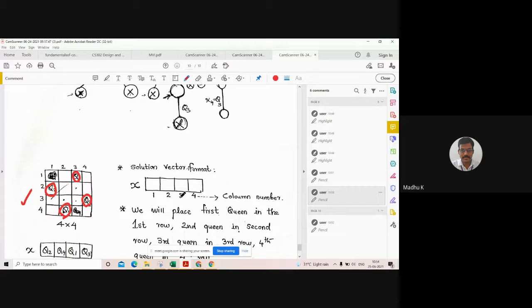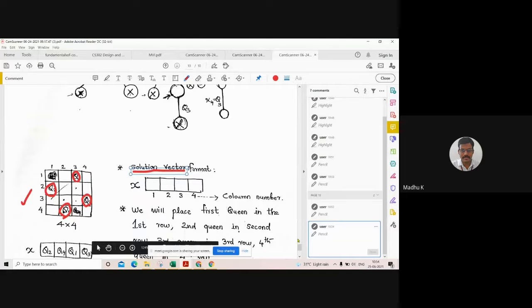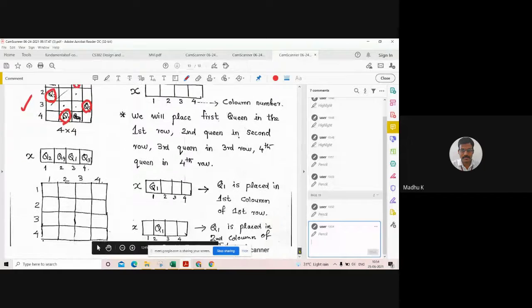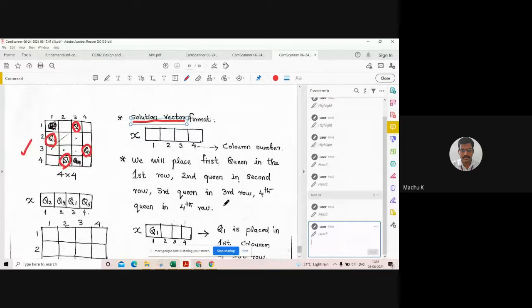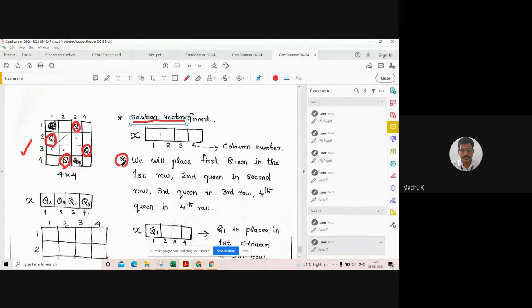I defined the solution vector of this problem in this way, and I will take this assumption: we will place the first queen in the first row, the second queen in the second row, the third queen in the third row, the fourth queen in the fourth row, and so on.